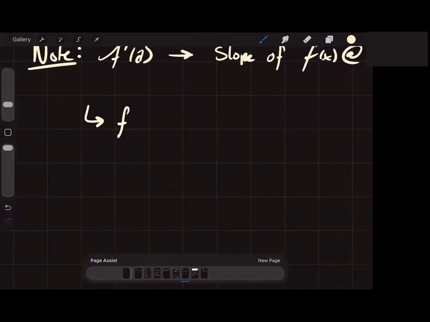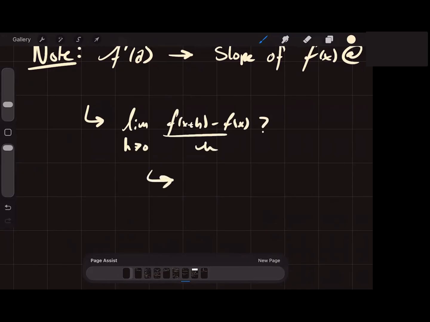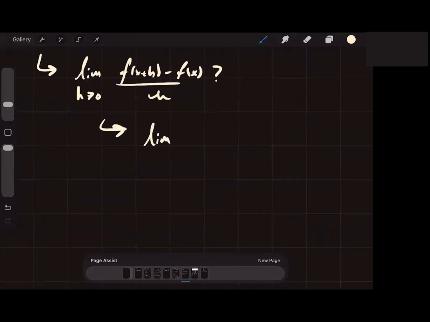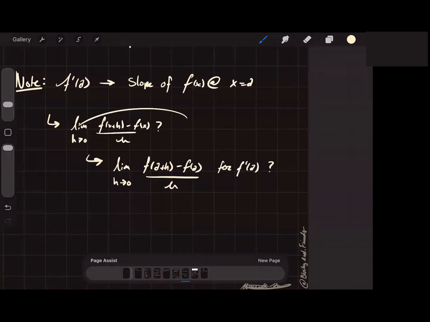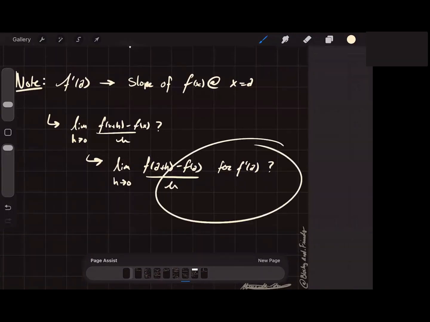We could say the limit as h approaches 0 of f of x plus h minus f of x all over h. But you can also write it as the limit as h approaches 0 of f of a plus h minus f of a all over h, or f prime a in particular. This gives you a general function. This gives you the specific slope at a specific point.